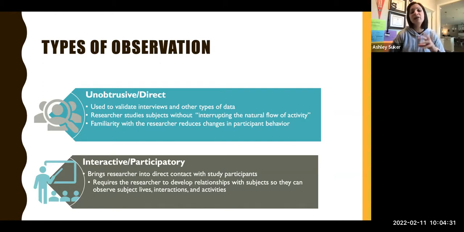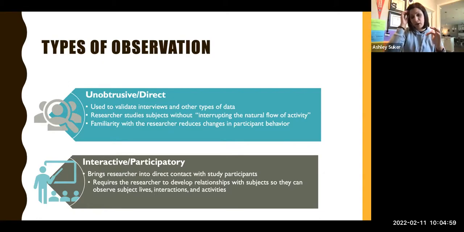And then there's the interactive or participatory observation. This is when someone embeds themselves within whatever group it is, so they come in direct contact with study participants. It requires that the researcher develop relationships with the subjects so that they can see the more intimate parts of people's lives. How do they interact with their family?